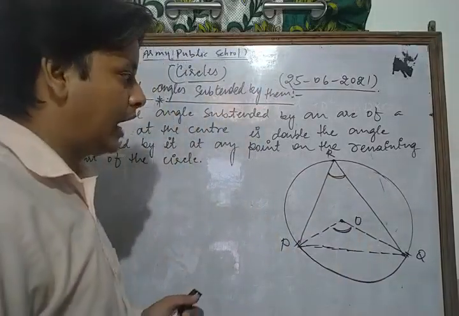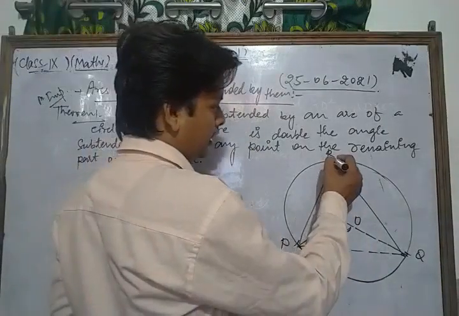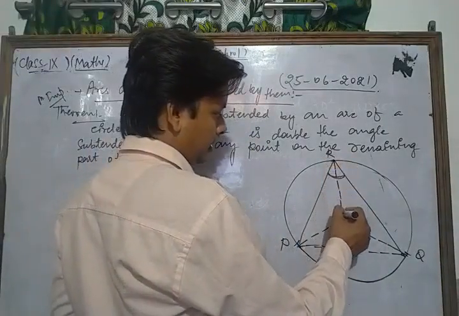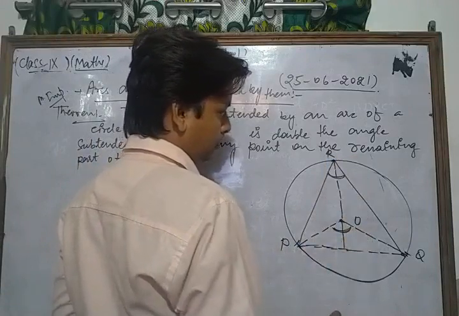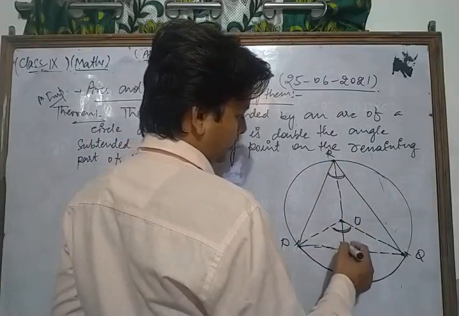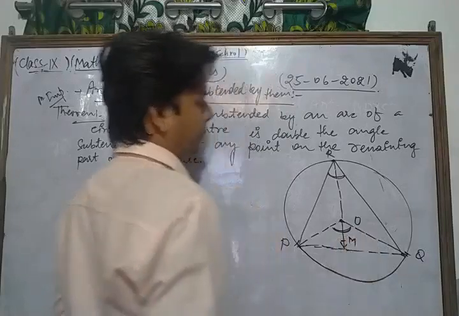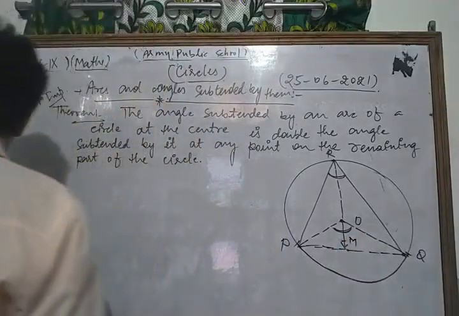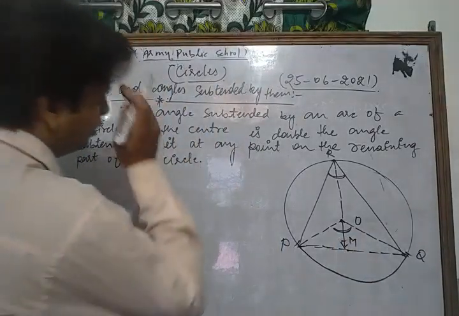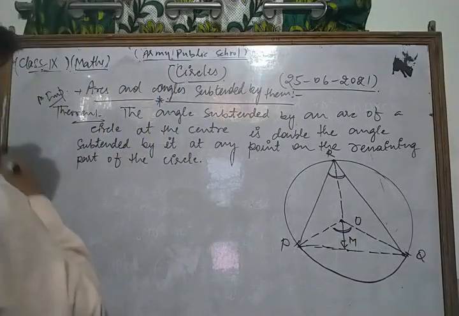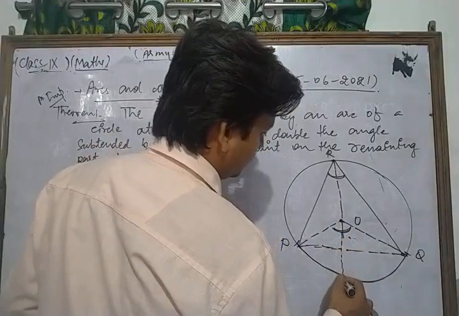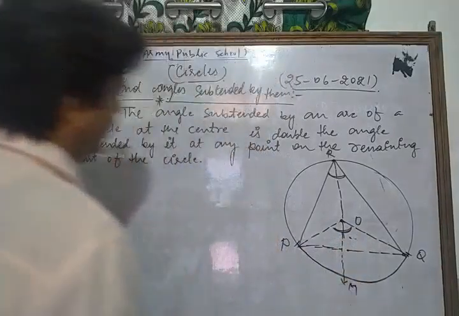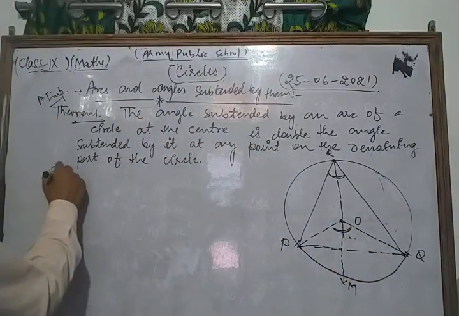Now we also have to do some construction. We join RO and produce it to M.